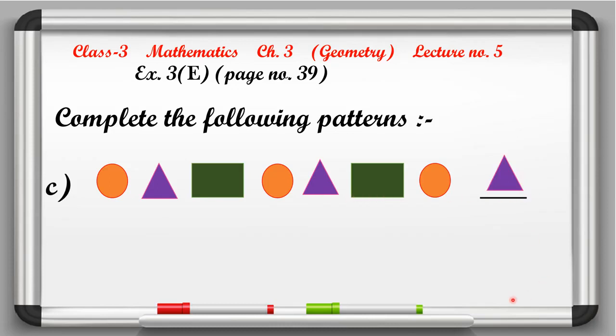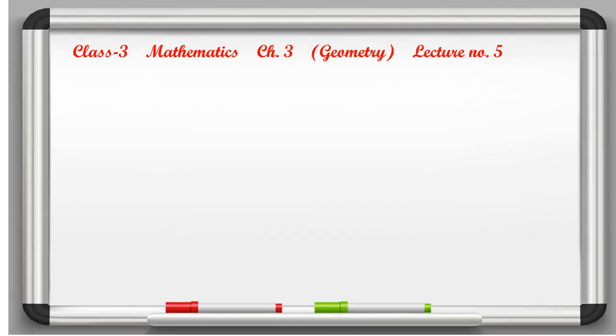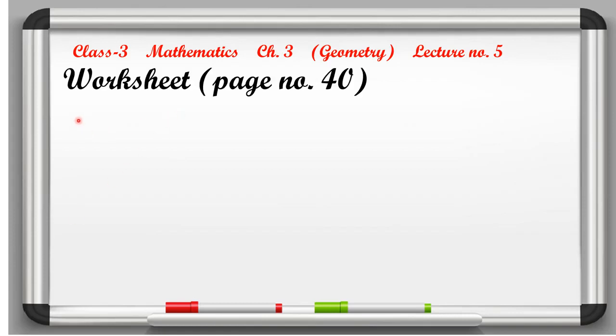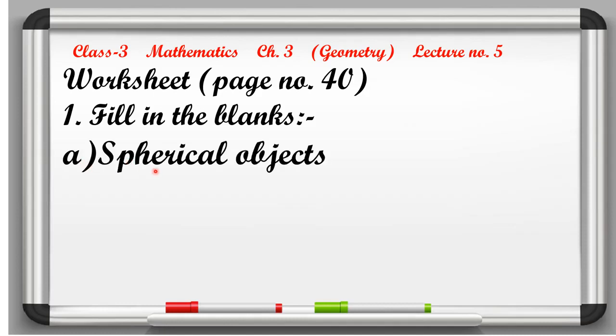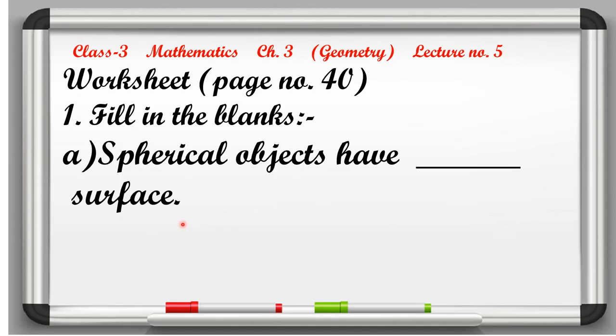Understood beta? Now beta, we will do the worksheet, which is given on page number 40 in your book. Here in question number 1, it is given fill in the blanks. In A part, spherical objects have dash surface. We have to write the surface of spherical objects.